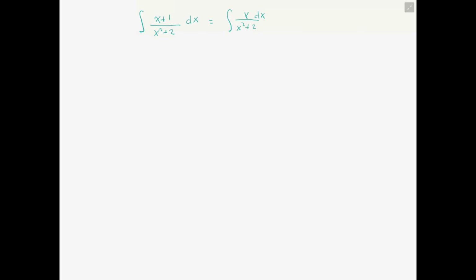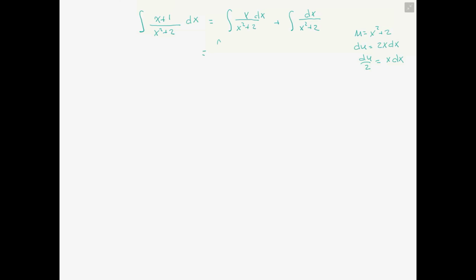Now, in this case, we would basically just break up the integral into 2 separate parts. We wouldn't try a substitution here. We would just go x over x squared plus 2 dx plus dx over x squared plus 2. Now, in the first integral, we would use a u substitution.